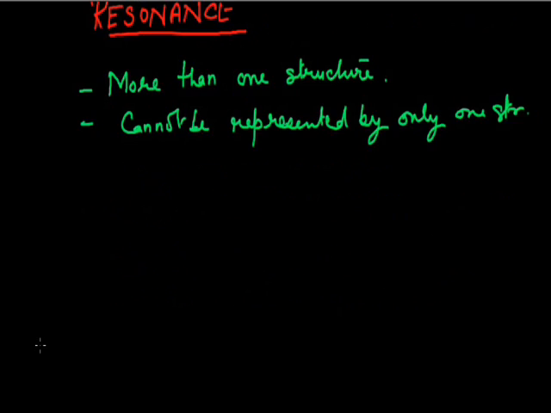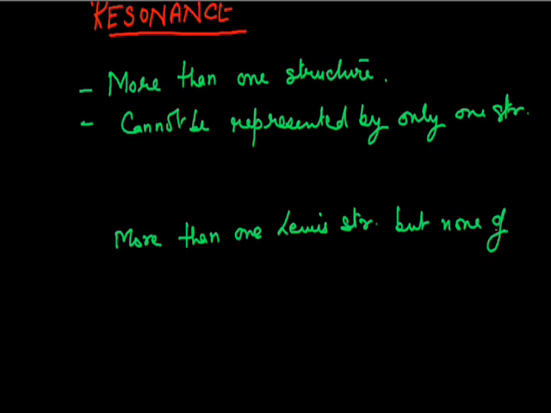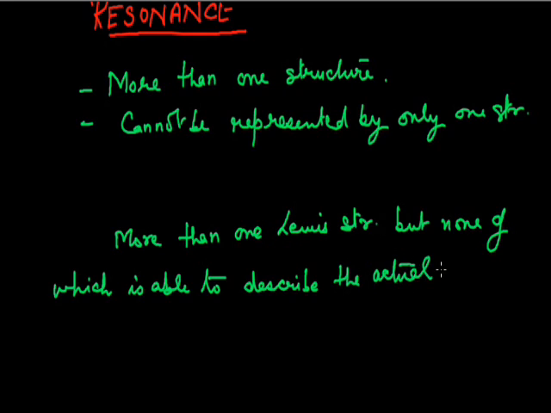So we can say that when a molecule can be represented by more than one Lewis structure, but none of which is able to describe the actual structure of the molecule, then such a phenomenon is known as resonance.